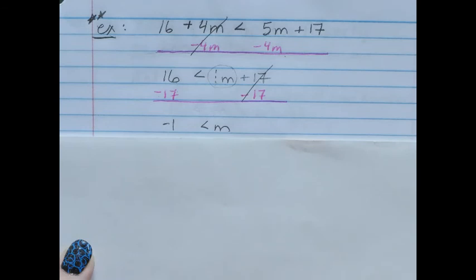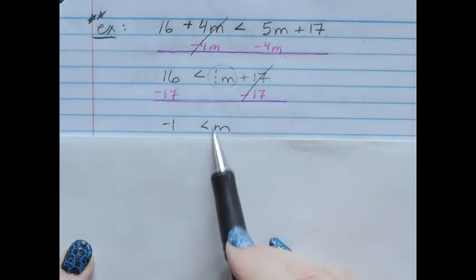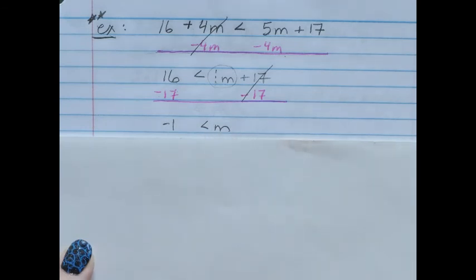Negative 1 is less than m. There's a positive 1 in front of it. M is all by itself. We solved for m.